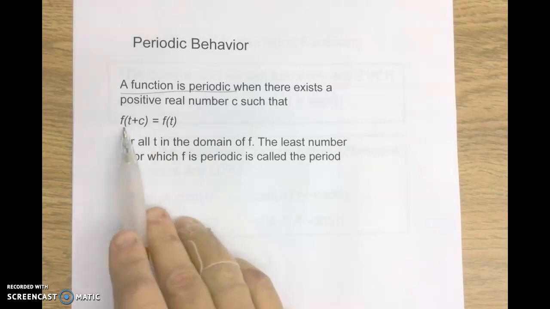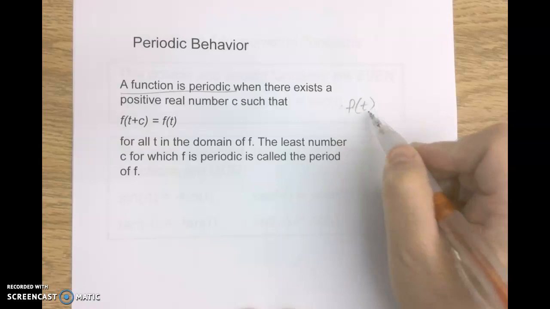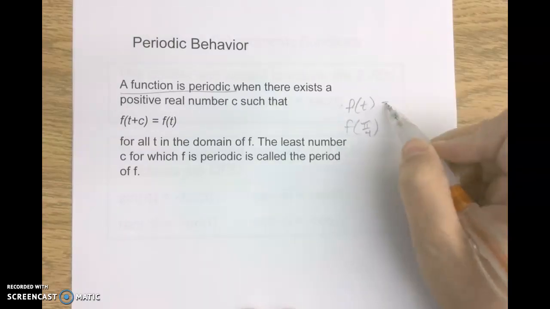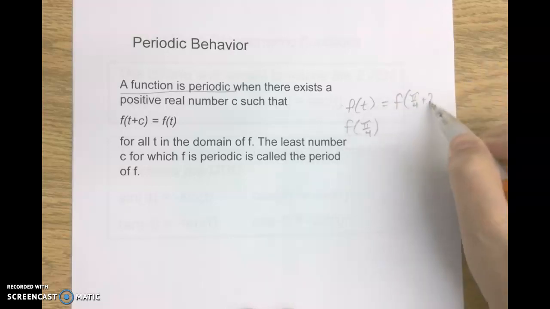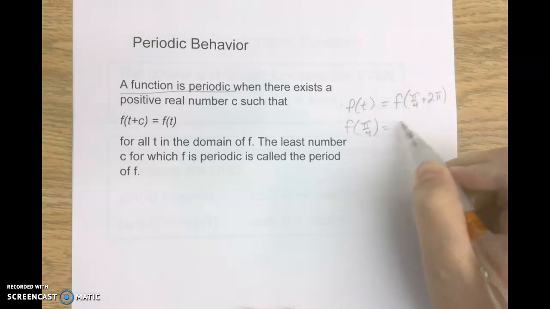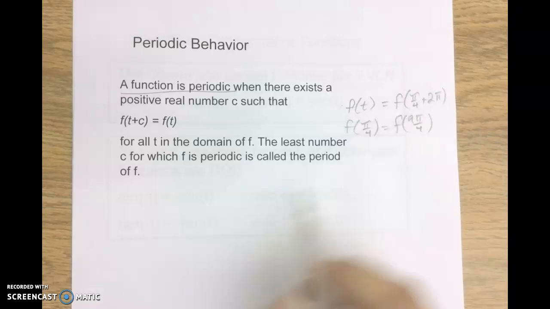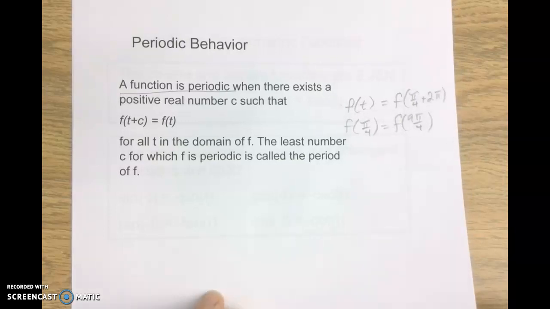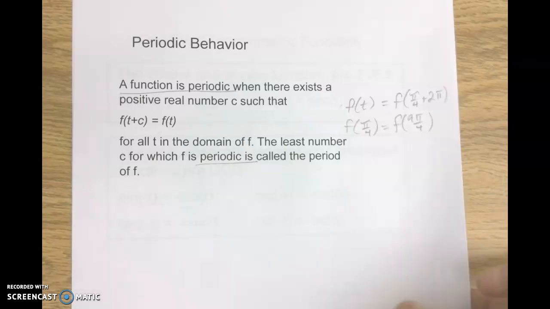So this is just showing that if I take f of t, so maybe that's a function of pi/4, we'll use the same example, that's going to be the same as a function of pi/4 plus 2 pi, which is going to be a function of 9 pi/4. And they will have the same sine values, the same cosine values, and they're just representing periodicity, or periodic behavior.